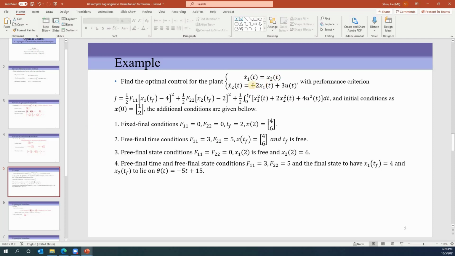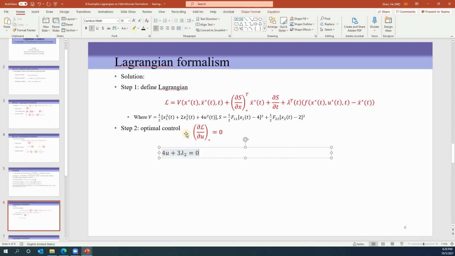The second term is lambda 2 times this. We take a derivative of that with respect to u, so that it will give us 3 lambda 2. That is equal to 0. So solving this will give us the optimal control in terms of the co-state lambda. That is equal to negative 3 over 4 lambda 2.